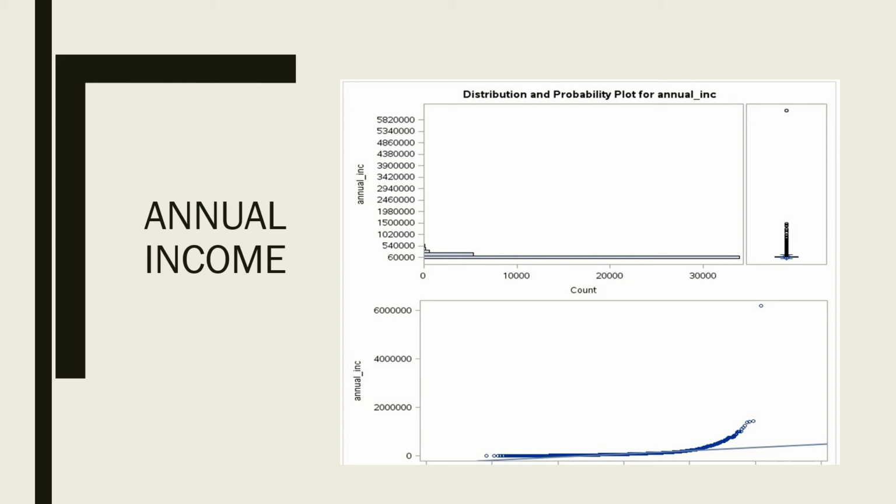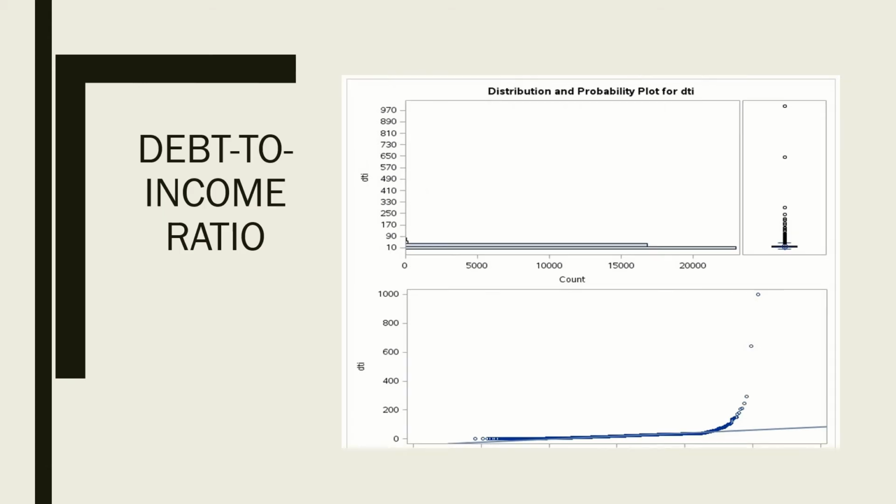So after running computations in SAS, it is found that there is one outlier in annual income, which the value is extremely higher relative to the whole dataset, so it needs to be treated.